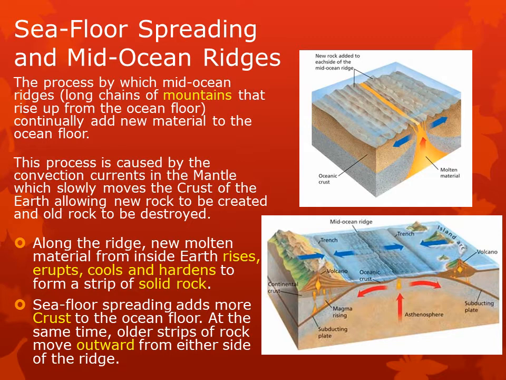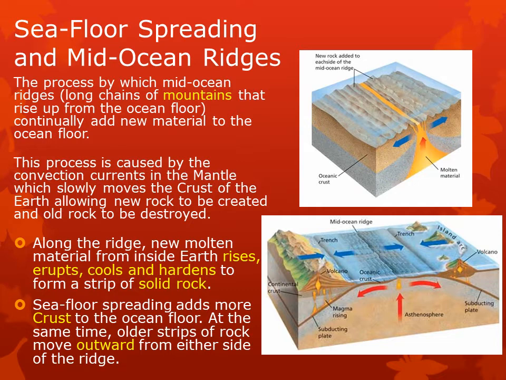So you see in that picture there, what's occurring is you've got that molten material, that magma, rising up through the crust. And as it does, it pushes those pieces of the crust apart. Now, of course, these are under the water. So when the magma rises up to the surface, the water cools it, forming new rock, forming new material on the ocean floor.